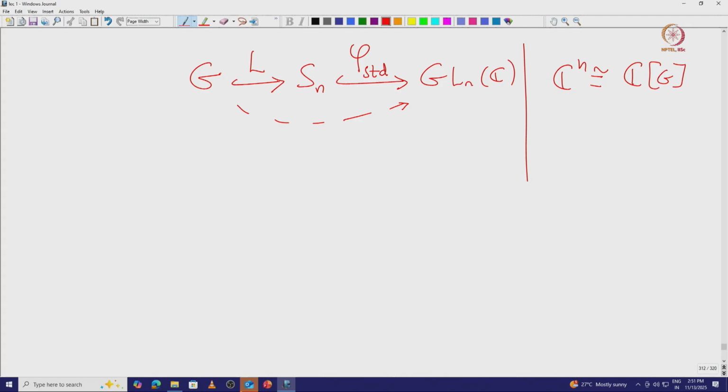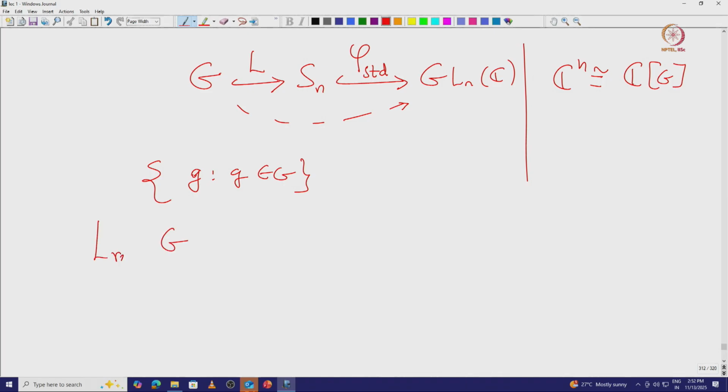Let us work out how the action of G is reflected on CG. We have this basis G, and we have to say what the composition map is.